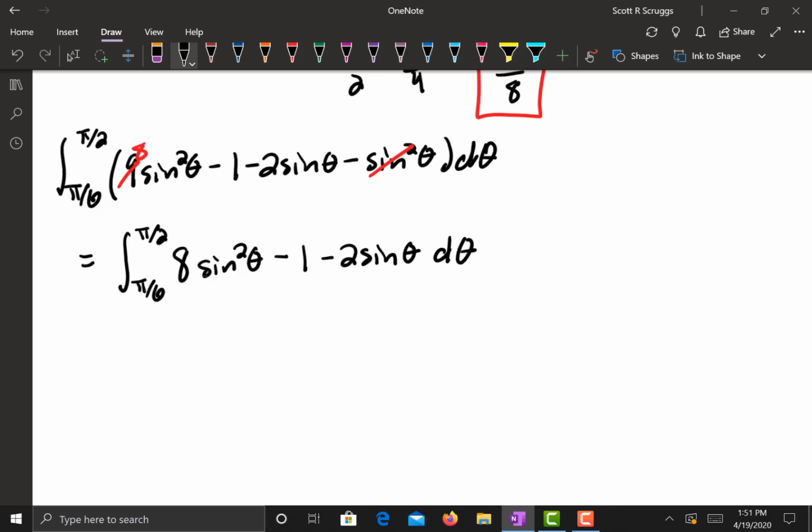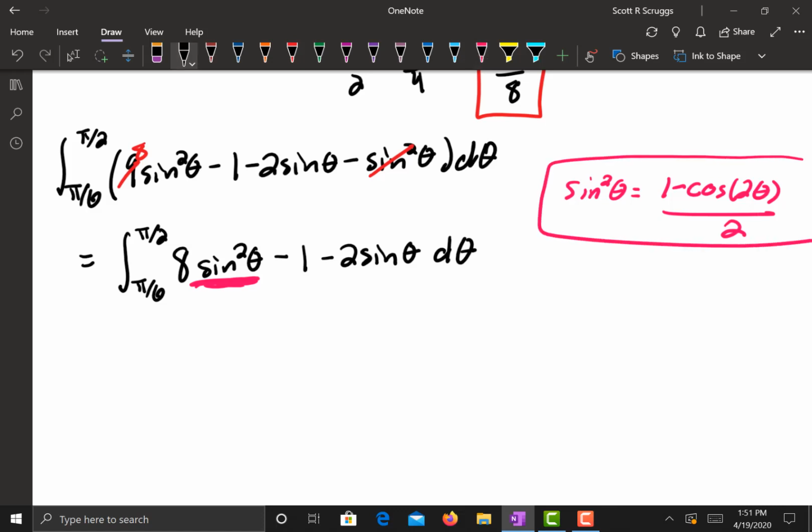And now let's try to simplify our work a little bit. And here's how we're going to do that. I don't like that sine squared there because when I try to integrate, it's going to be a little bit more work. But I can tackle that guy by using my half angle formula for sine.